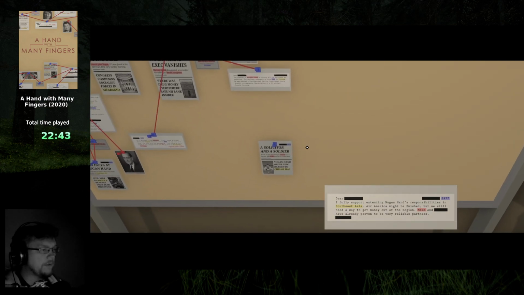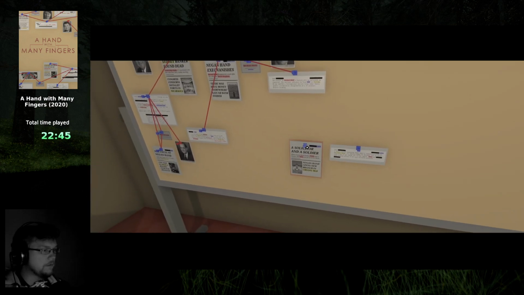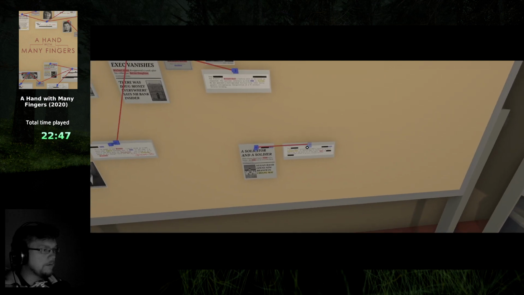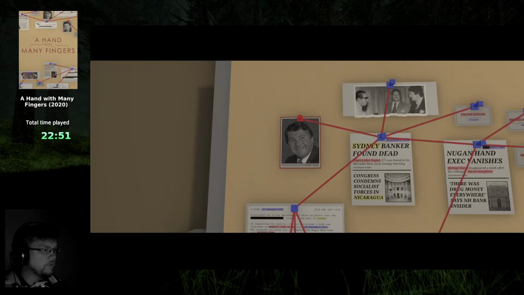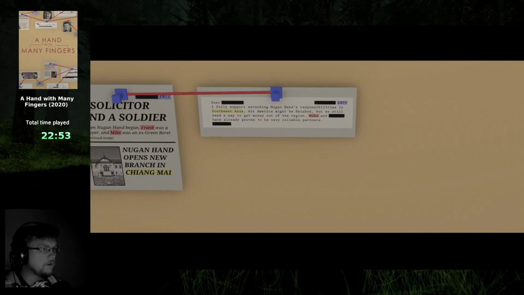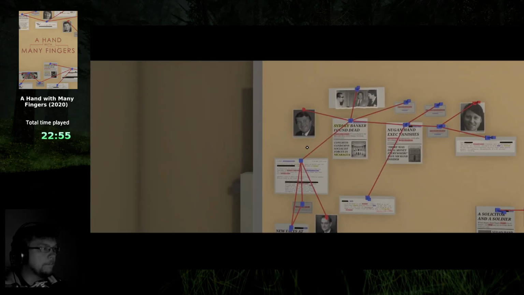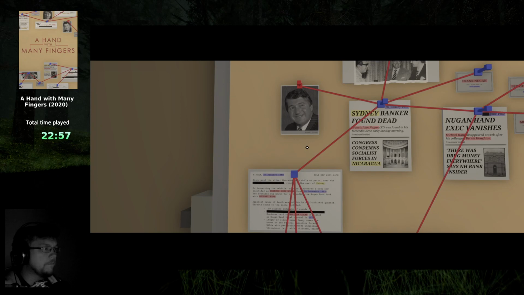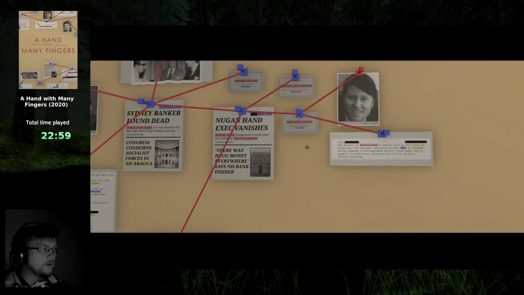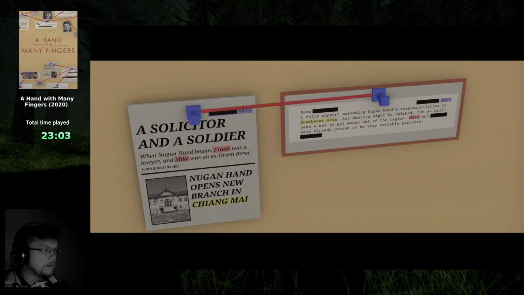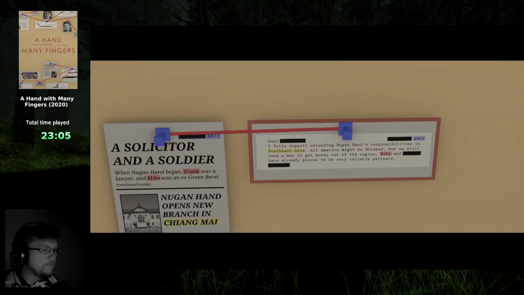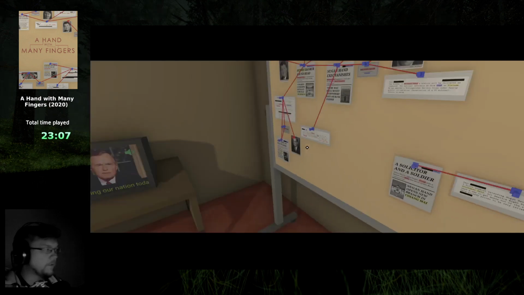This is referring to 3 people at least. I assume one of them has to be Nugan. One of them is Nugan and one of them is Hand. Don't know about the rest though.